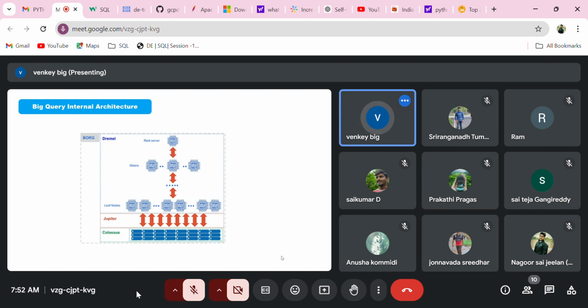That technology itself was invented from a paper by Google on the Google file system. Based on that paper, Hadoop got invented. So you can assume how important these Google technologies are. They are the most powerful services in the world, I can say.